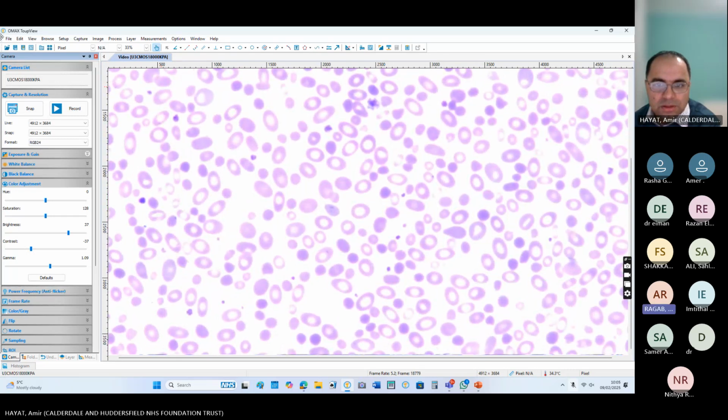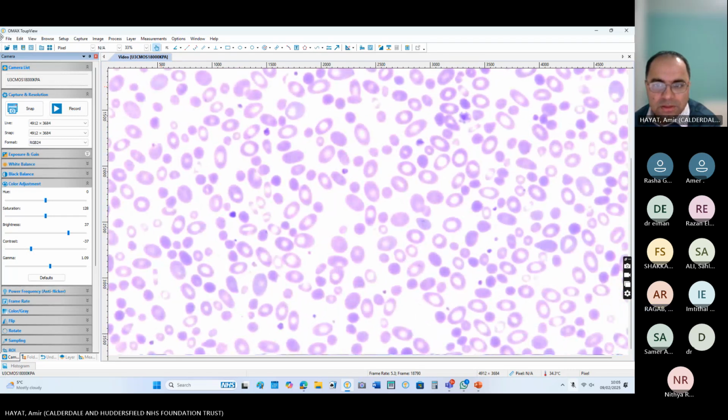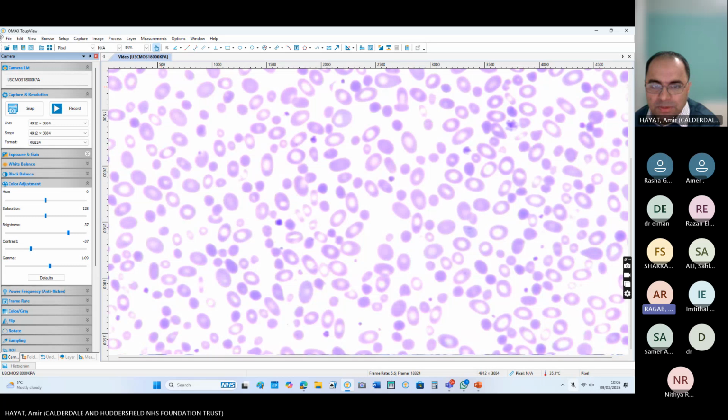I would like to do further investigation to exclude intravascular hemolysis like cold hemoglobinuria, sorry, PCH, paroxysmal cold hemoglobinuria.